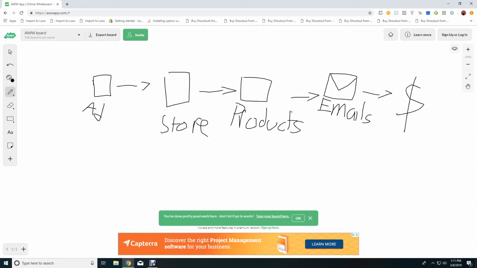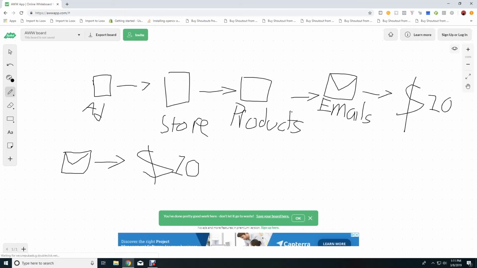And then from here, after we make a sale and we profit $10, later on down the road, what we want to do is send them more emails. And let's say we're running a deal every single week, and we're able to upsell them, downsell them, sell them a similar product, whatever, and we end up being able to make an extra $10 from that customer.